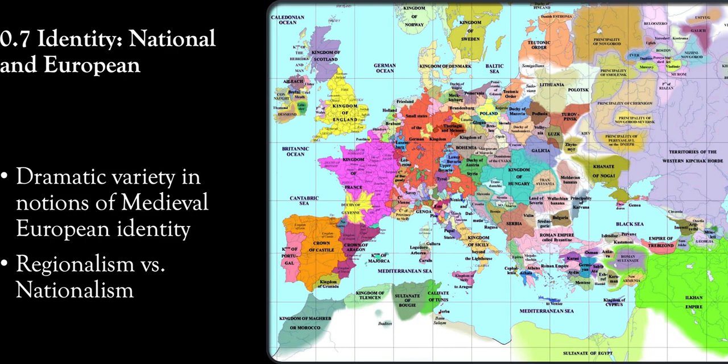And part of the reason for this is because in the early Middle Ages, there really were no known states. Identity was very tribal. It was very localized because it was tied to your specific family, your specific location, your specific language, right? And then gradually, the rise of feudal monarchies in the High Middle Ages created a new sense of loyalty and potentially a new sense of identity.